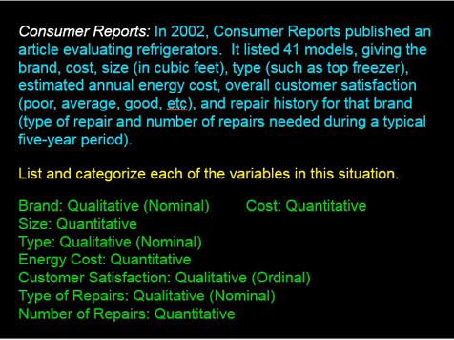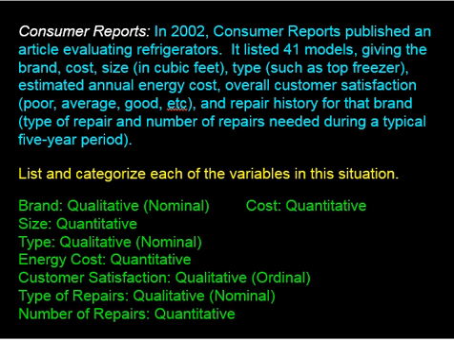The type, freezer on top or freezer on bottom, would be qualitative nominal. Estimated annual energy cost would be quantitative. Customer satisfaction, and it lists there poor, average, good, etc. That would be qualitative ordinal because it's a rating of each of these models.